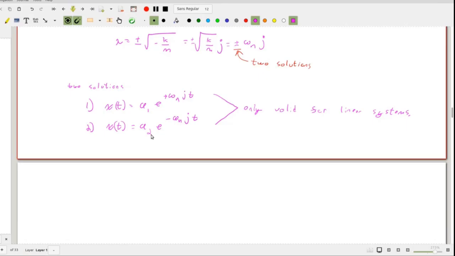Yeah, we can also add them, right? So you can think of that x(t) as a1 e^(ω_n j t), but it's also a1 e^(ω_n j t) plus a2 e^(-ω_n j t), right? And then all we have to do is adjust our scalar values. That makes sense? So for differential equations, the sum of the solutions is a solution.